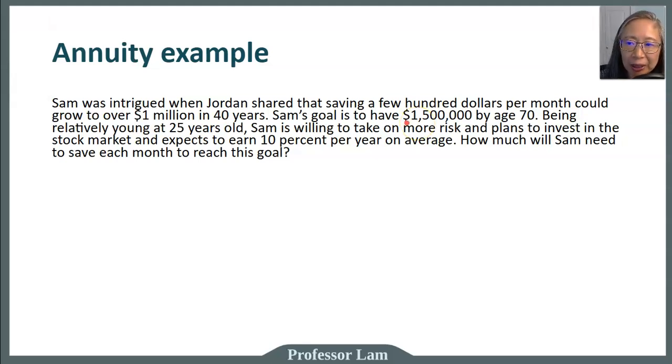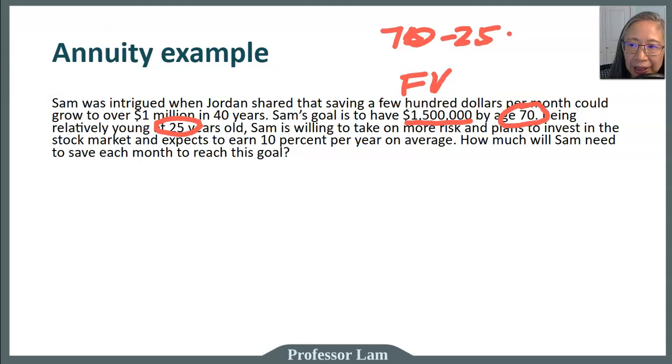Sam's goal of reaching $1.5 million is the future value. They wanted to have this amount by the time they turn 70. They're currently 25 years old. That means they have 45 years to save this amount. So 70 minus 25 is 45.